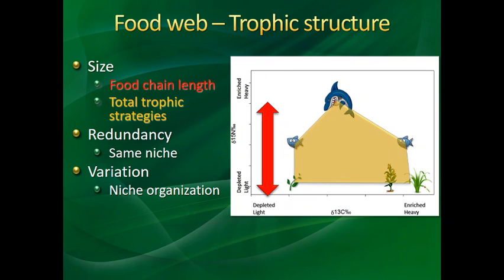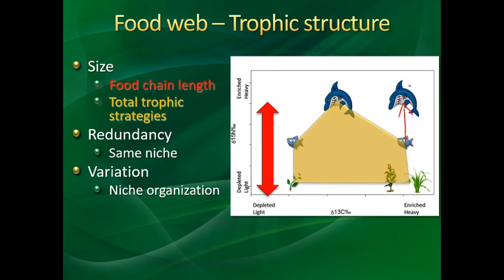Another thing we could look at is total trophic strategies. So if you have a food web that has this many species, what you can do is measure the area of this polygon here. Let's say you get that area, and you compare it to another food web that has another shark species. Based on it being over here, we know it's going to be eating that fish and that fish alone.